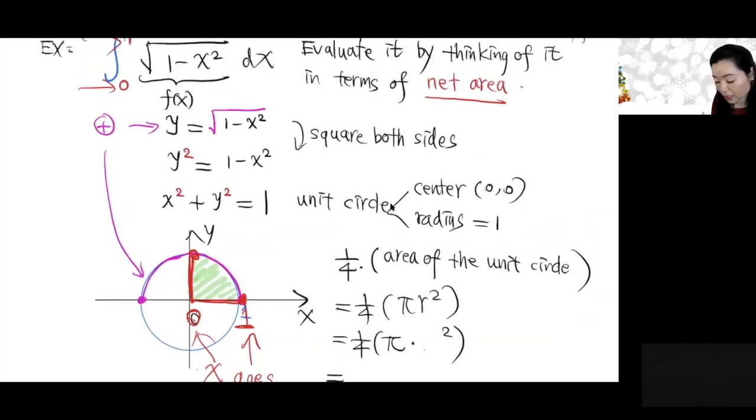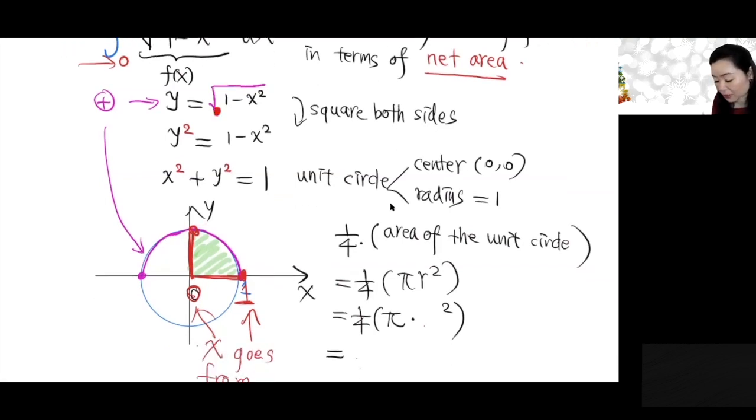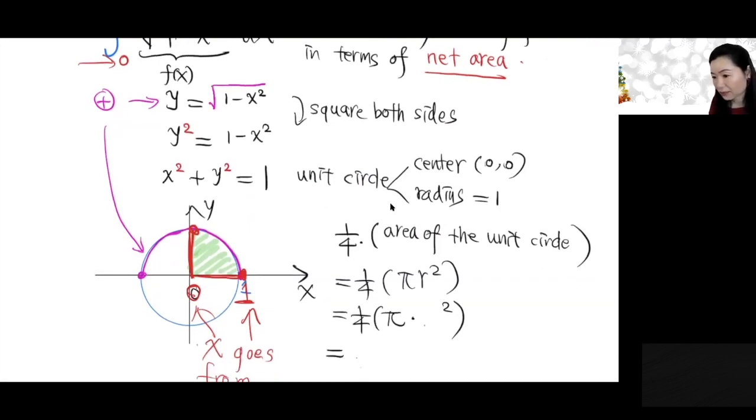Now, this y equal to positive square root, right? It's the positive square root of this. So y is going to be non-negative. So that will correspond to this upper half of the circle. Y cannot be negative. This is a positive root. So this corresponds to the upper half of this circle.